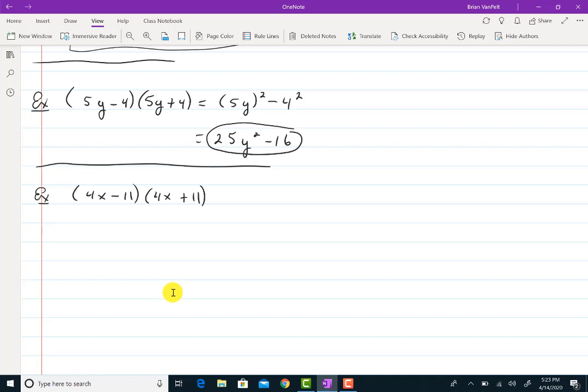So you can see this is similar to the previous one. I got a 4x at the beginning of each, then I got a negative 11, and then a positive 11. So I can use my difference of squares formula. 4x squared is 16x squared, and then 11 squared is 121.